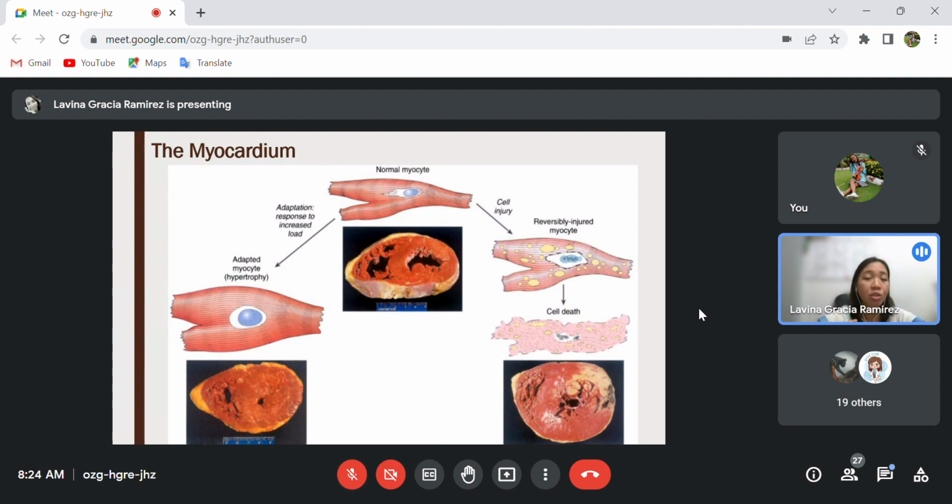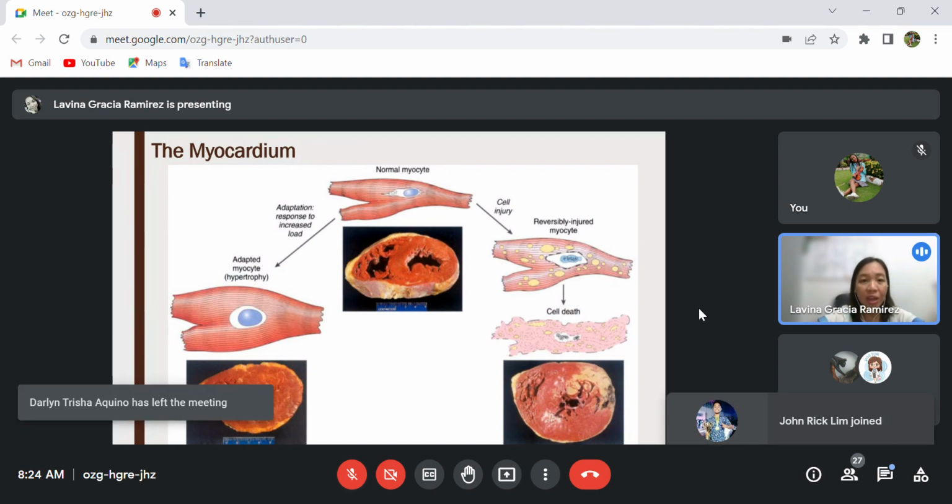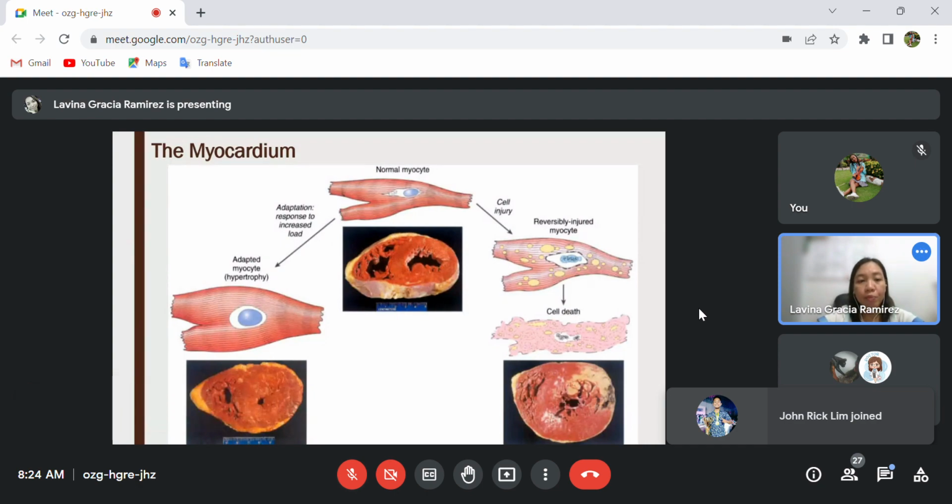Now, how these normal myocytes can adapt might lead to enlargement individually. Yung hyperplasia, hindi masyado dito sa heart kasi wala naman tayong sinasabing regeneration or anything like that, limited lang. But most of the time, what happens in the myocardium is enlargement of individual fibers, or yung myocyte.